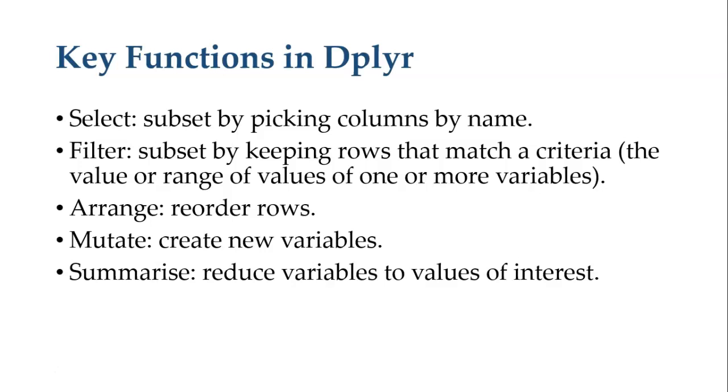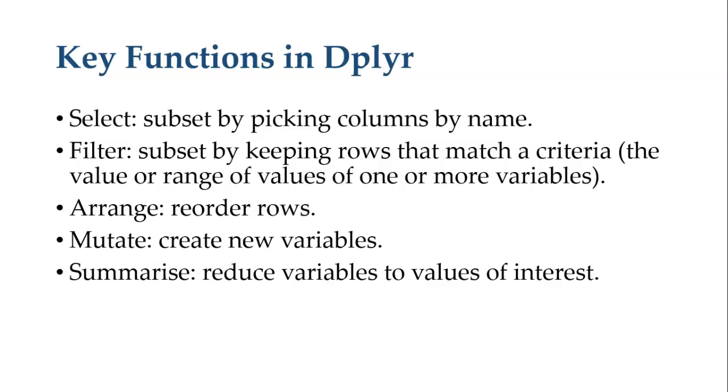But I'm gonna tell you a little bit, in summary, what the functions are. I'm gonna review the structure of these functions, and I'm gonna give you another example of how to use select and filter, okay? So select is used to subset the dataset by picking columns by name. Remember, we have a tabular form in our datasets.